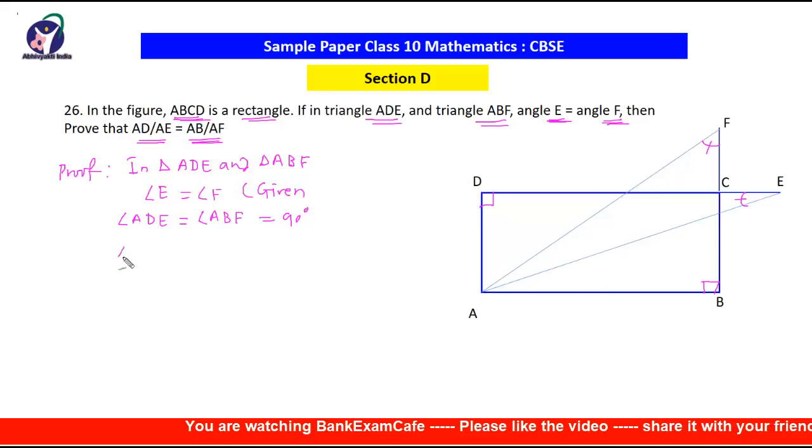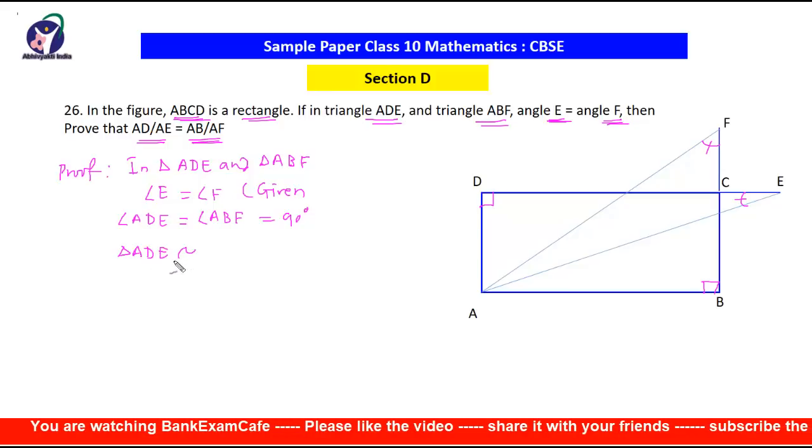So if you take it as triangle ADE similar to, you have to write the corresponding angles. Now angle A you have written first, so you will have to write its corresponding angle here, correct? So while writing similar triangles you have to maintain that sequence.